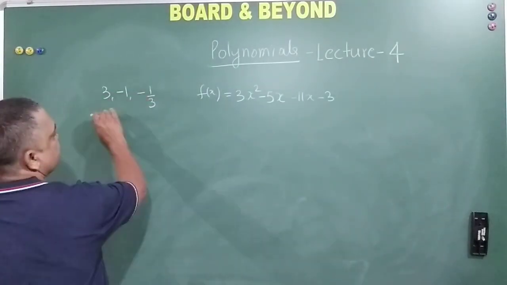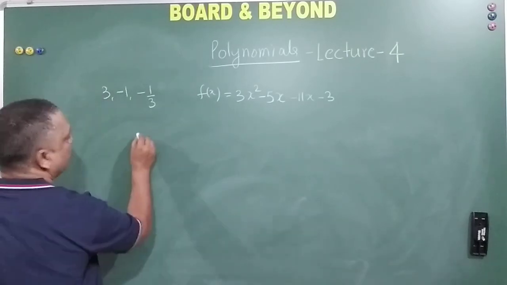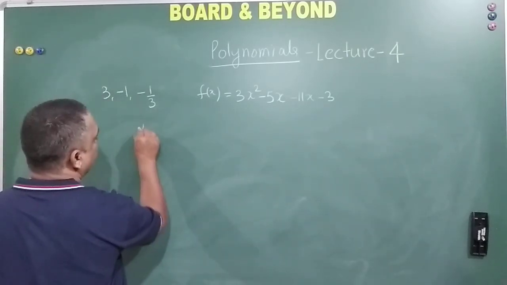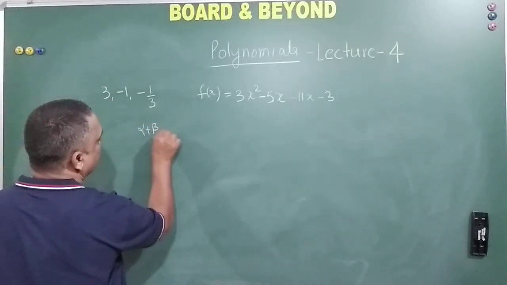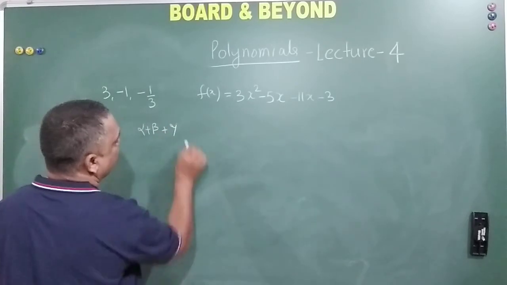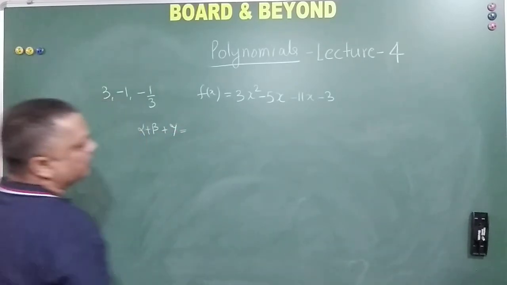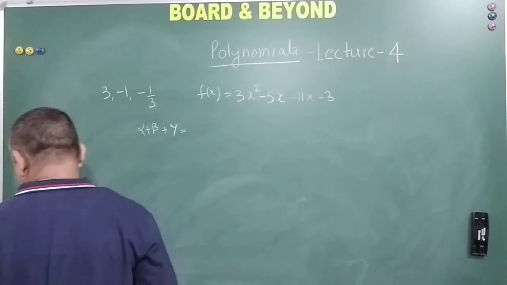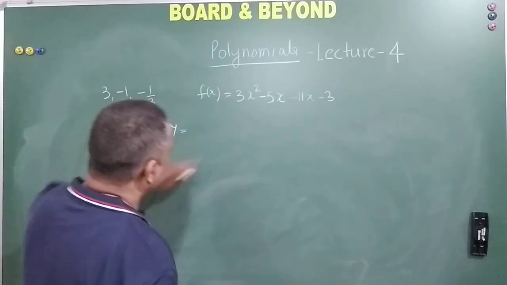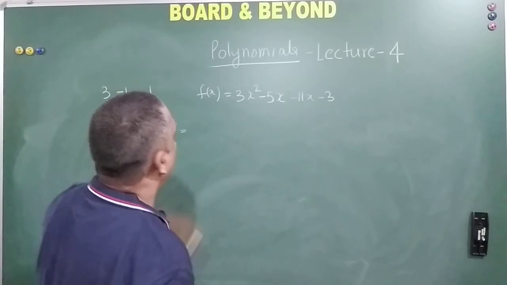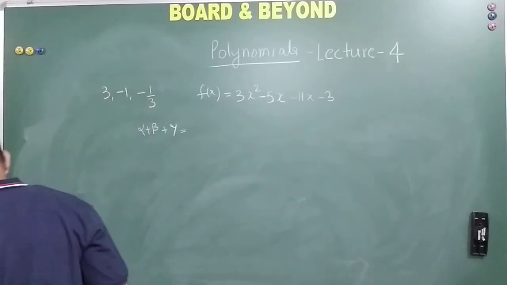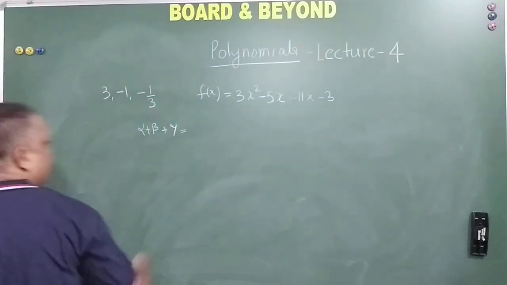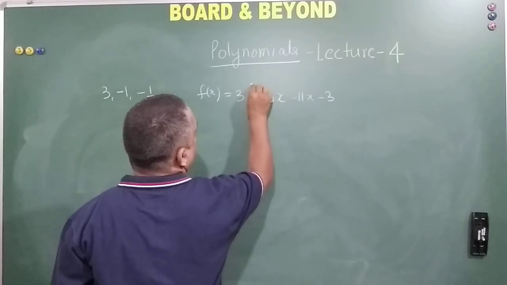Now, since these three are the roots, we know how much alpha plus beta plus gamma is equal to. Sorry, have I made a mistake? Yeah, I have made a mistake here.